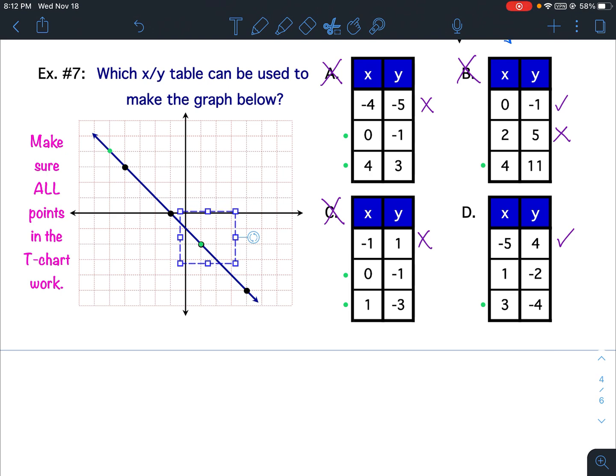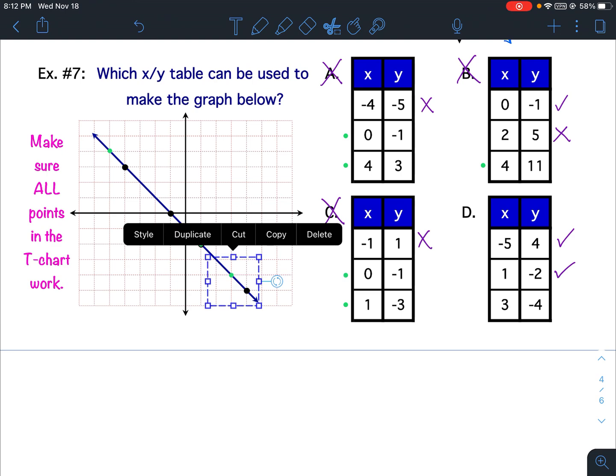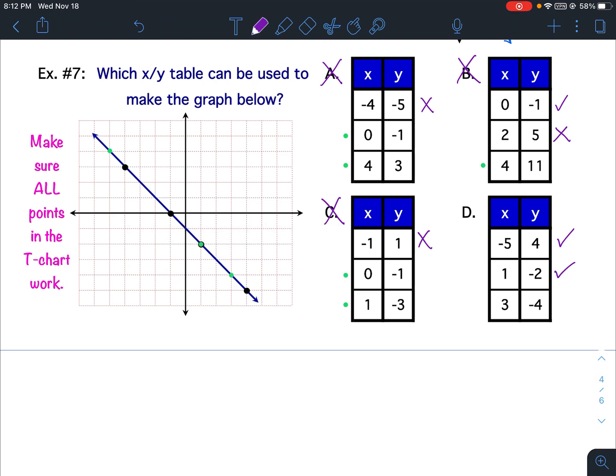That one just happens to fall on one of the black dots. That works, so we put a check mark. The last point is 3, -4. So I go to the right 3, down 4. That point works as well. So all 3 points worked in D, therefore D is my answer.